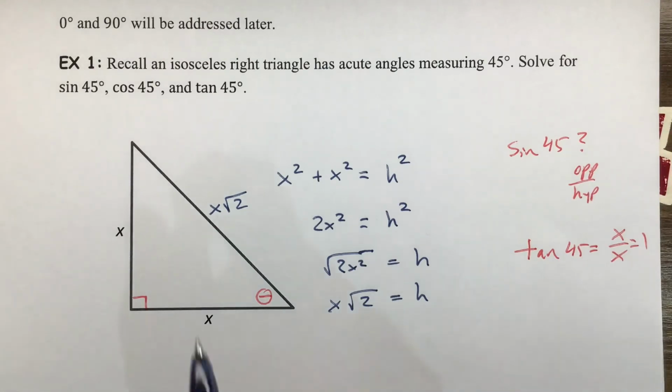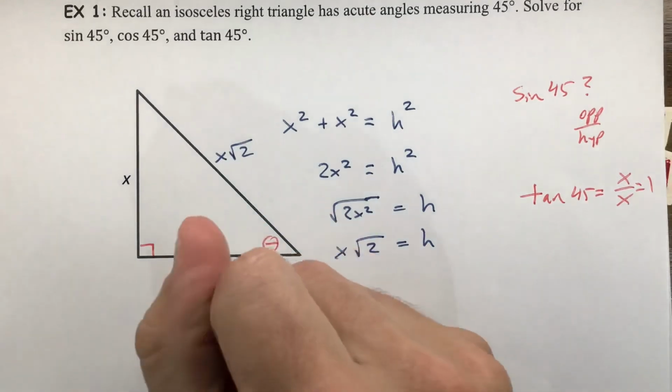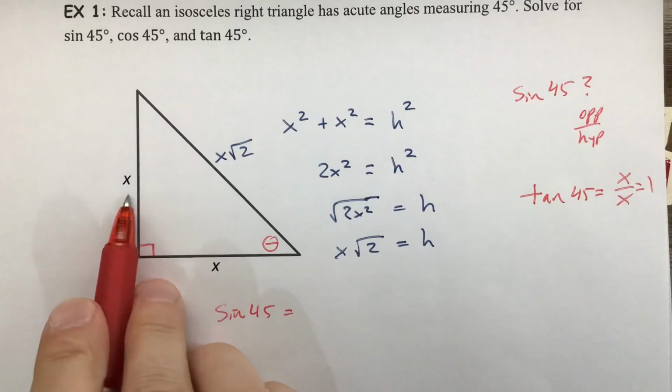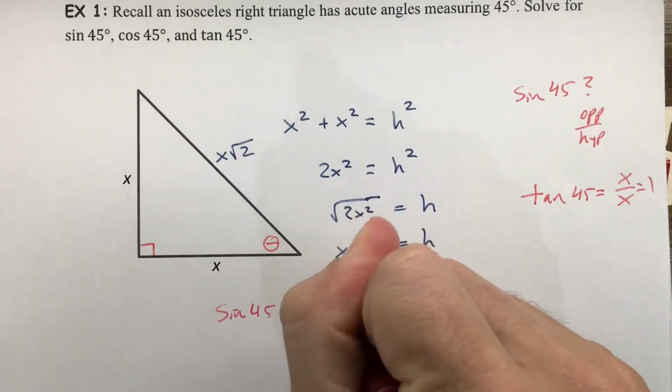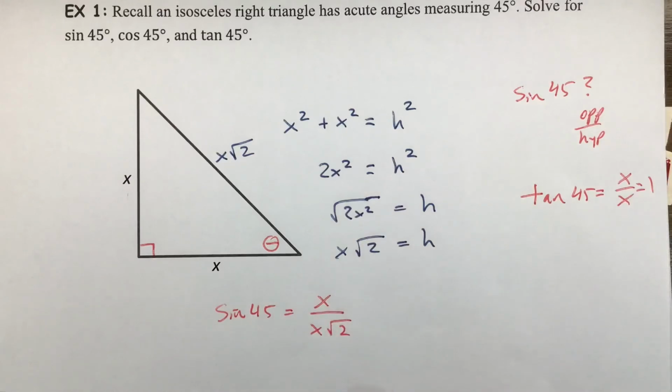Okay, but now that I have a description for the hypotenuse, I can go and revisit the sine of 45. The sine of 45 would have to be equal to the side opposite of it, which would be x, divided by the hypotenuse, which looks like that.